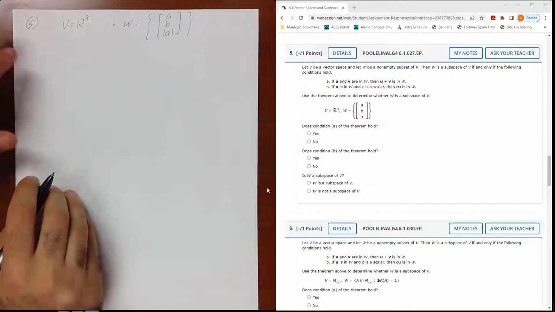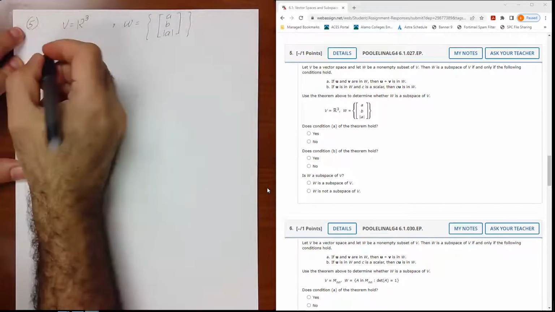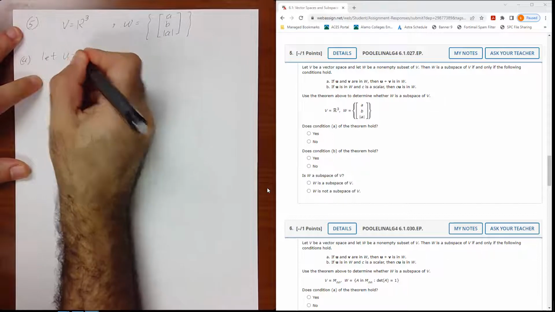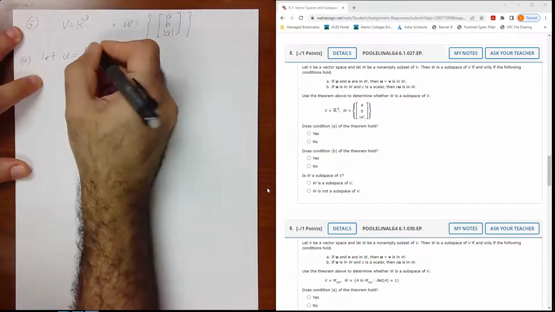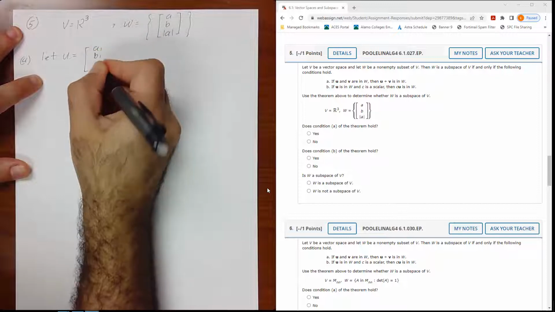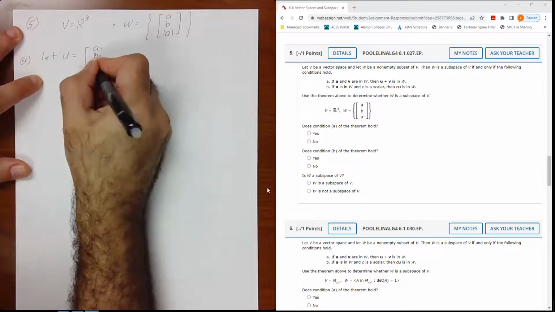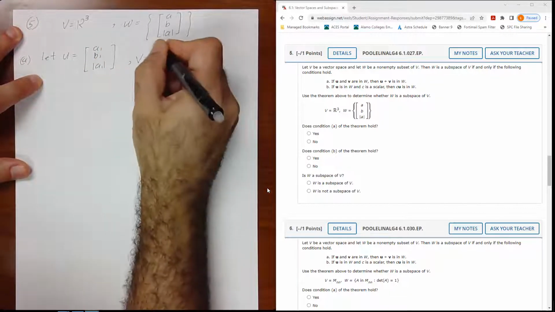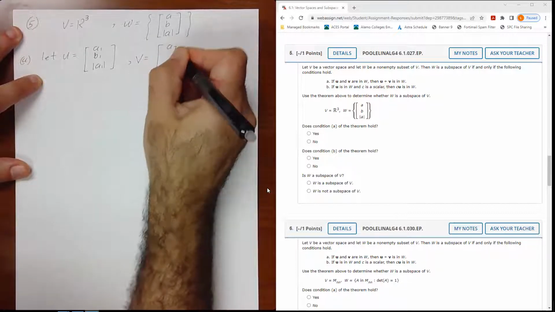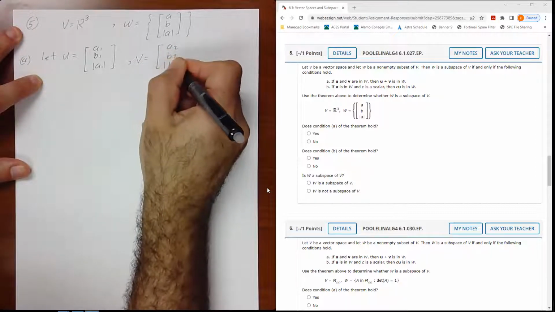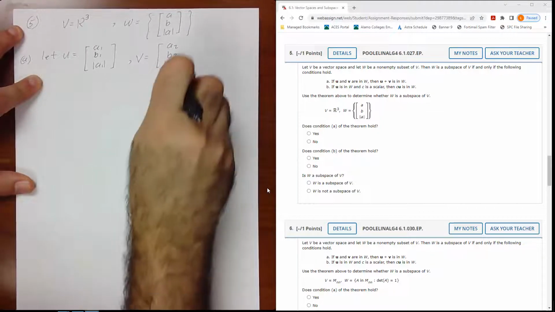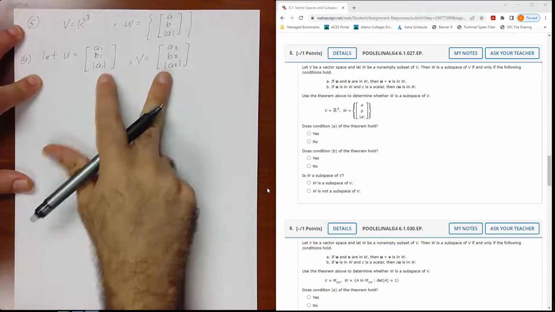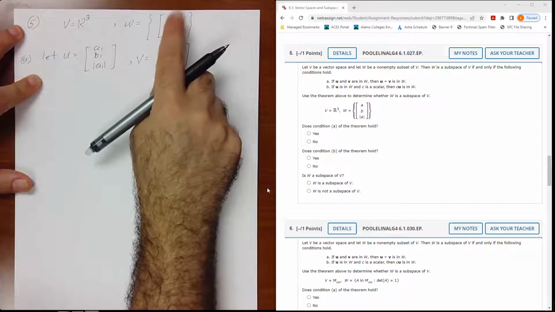First of all, we're going to let two vectors belong to W. So I'm going to let U equal A1, B1, and the absolute value of A1. And the vector V is A2, B2, and the absolute value of A2. So these two vectors are in W.